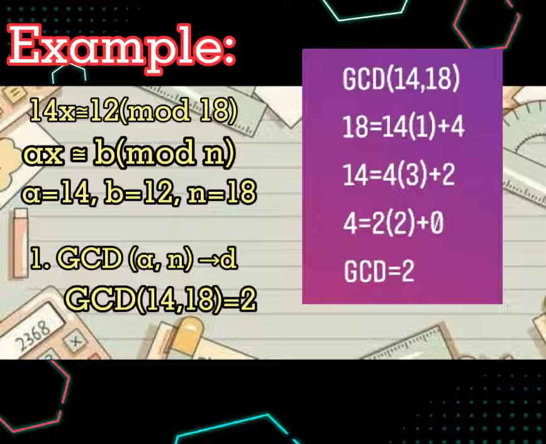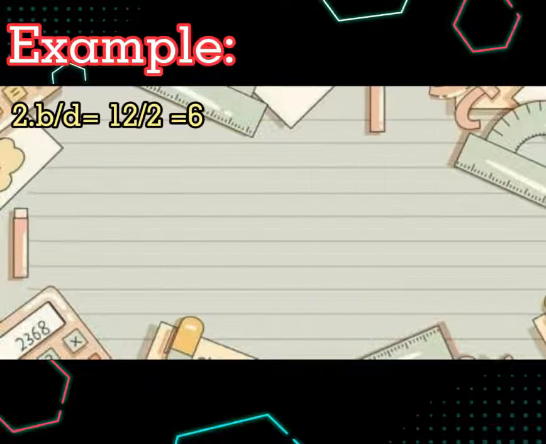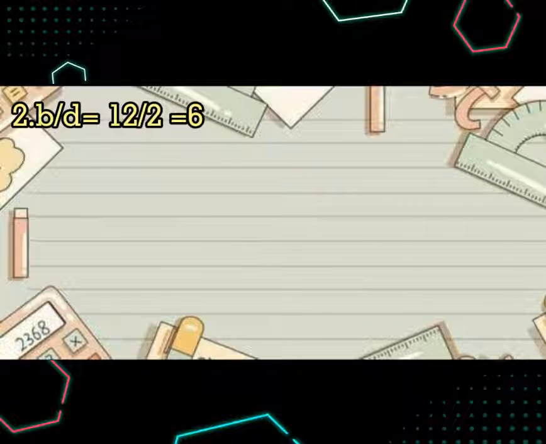As for how we got the GCD, I put the solving on the right side. Even without solving it like that, we know right away that the GCD is 2 because both are even numbers. In step 2, b divided by d: the value of b is 12 and the value of d is 2.